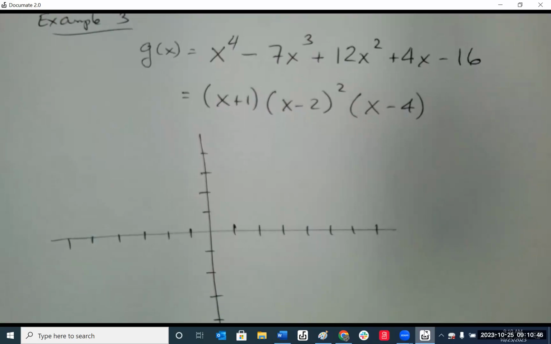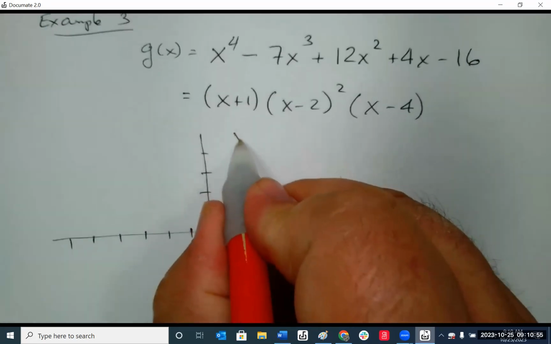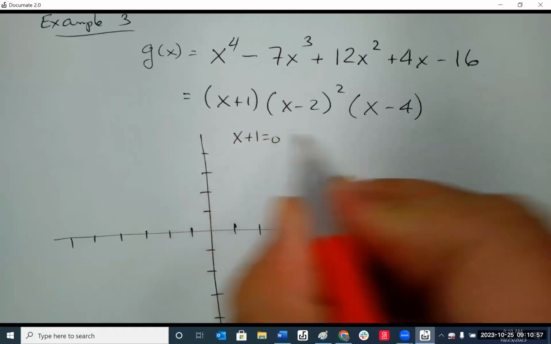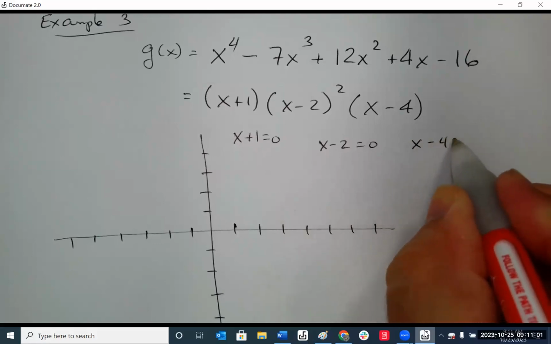All right, so what do we do first? Set each of these to 0. We need to find the x-intercepts. X plus 1 equals 0, x minus 2 equals 0, and x minus 4 equals 0.